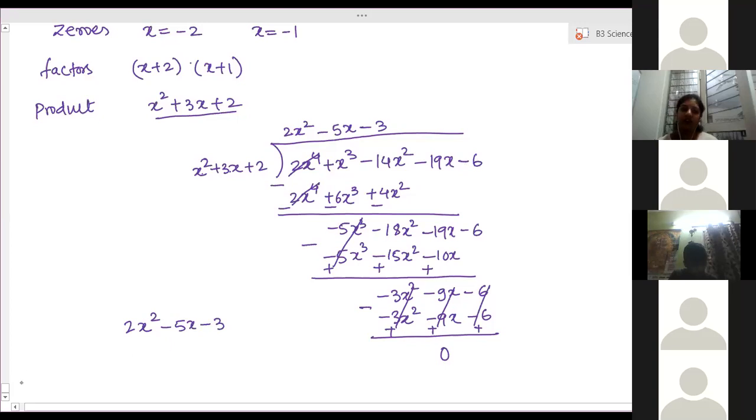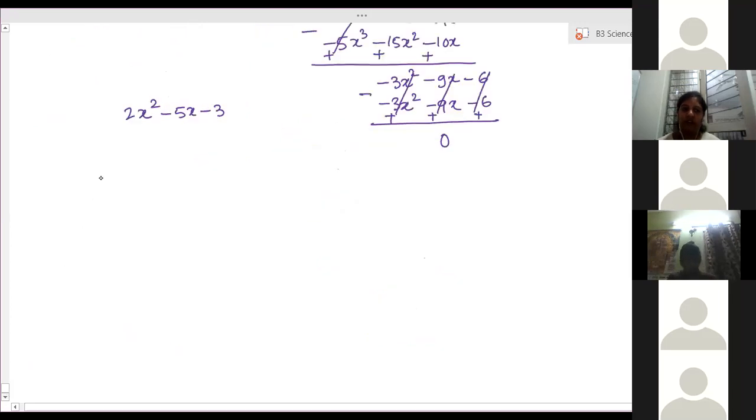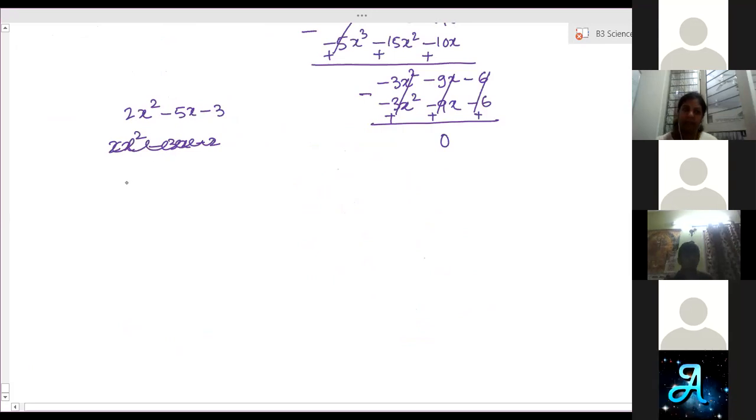So therefore, we have to factorize further. So what are the factors here? Minus 3, minus 2? Minus 2x squared, minus 3x? No, it will not work, because the product is minus 6. So minus 6, and the difference of the two terms should be 5. Minus 6x plus x. Minus 6x plus x minus 3.